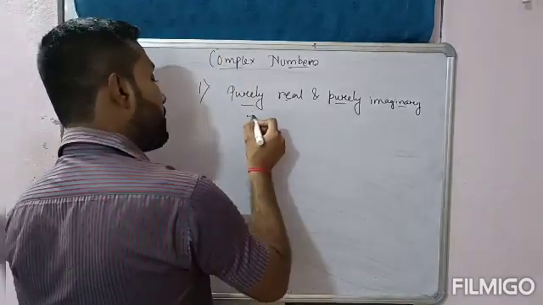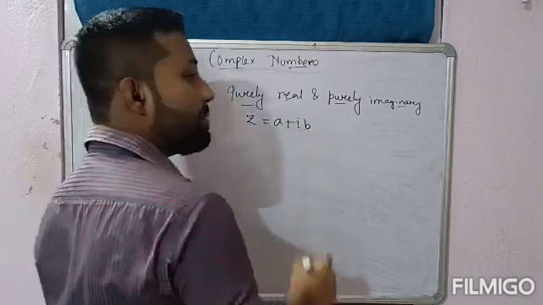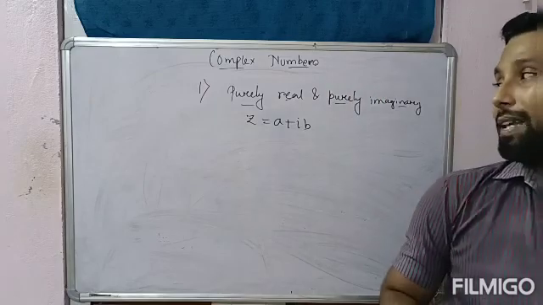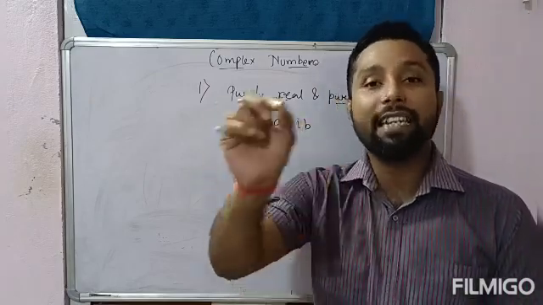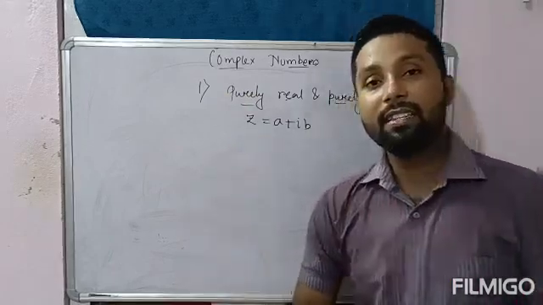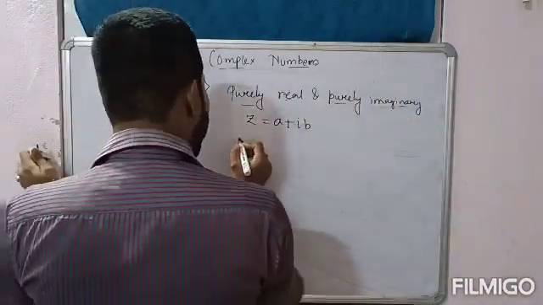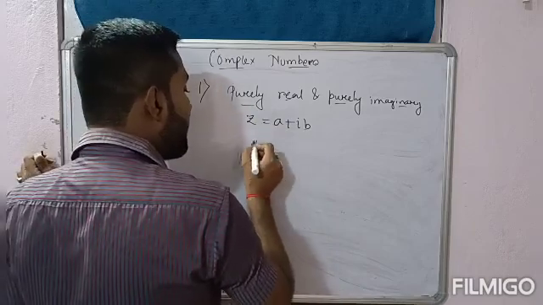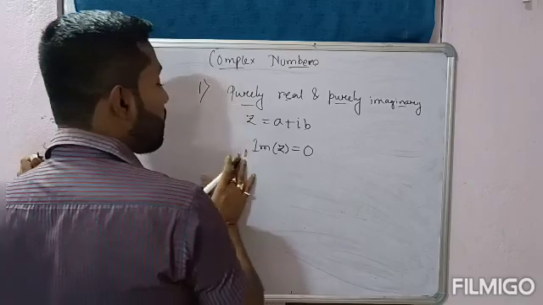See, look at here. If z equal to a plus ib is a complex number, then the complex number z is said to be purely real. Listen, the complex number z is said to be purely real if the imaginary part of z is equal to 0.